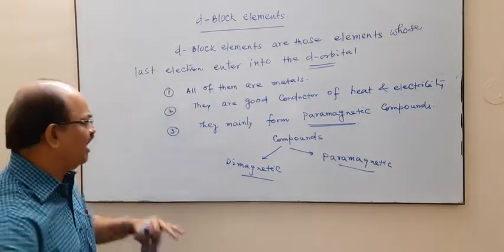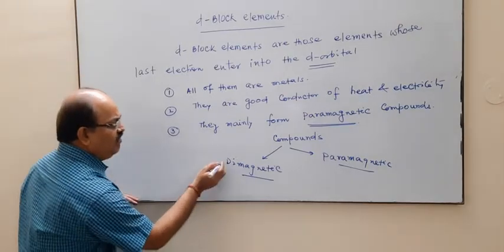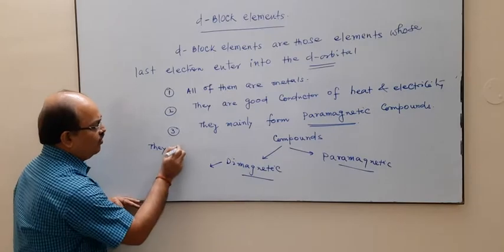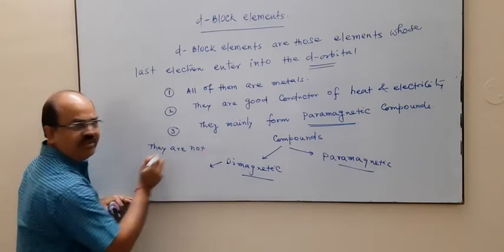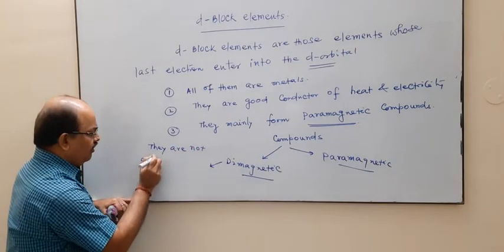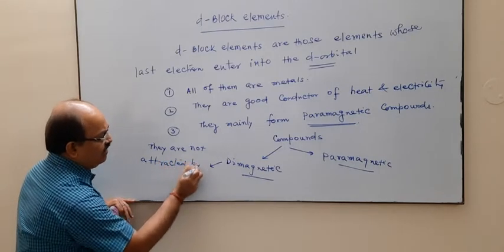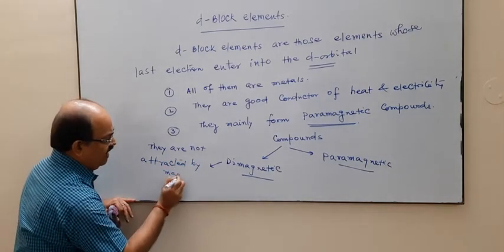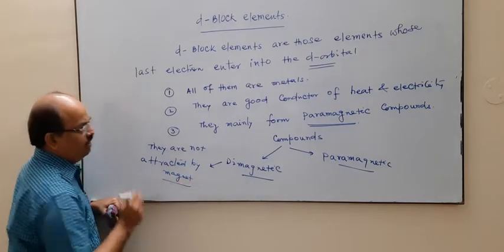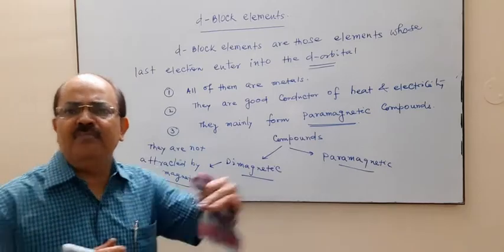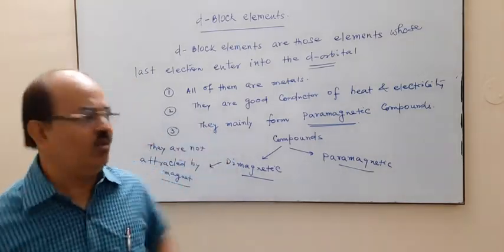Now what is diamagnetic? Diamagnetic compounds are not attracted by a magnet. ये जो डाईमैग्नेटिक कंपाउंड्स होंगे ये मैग्नेट से अट्रैक्ट नहीं होंगे.